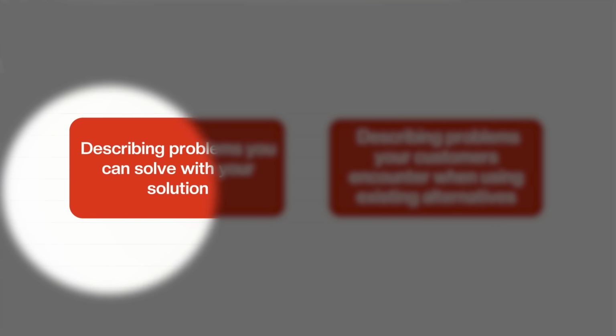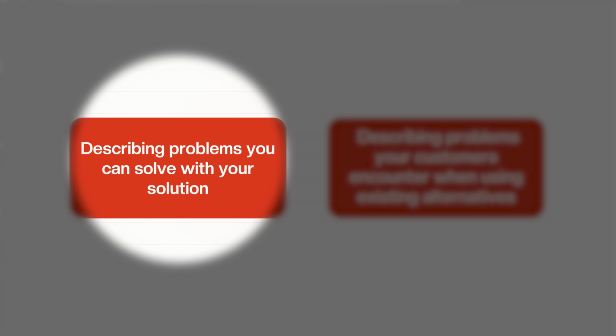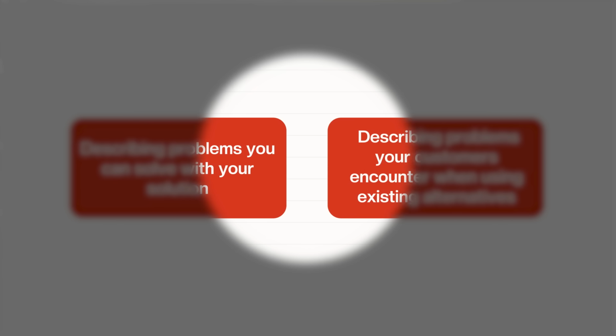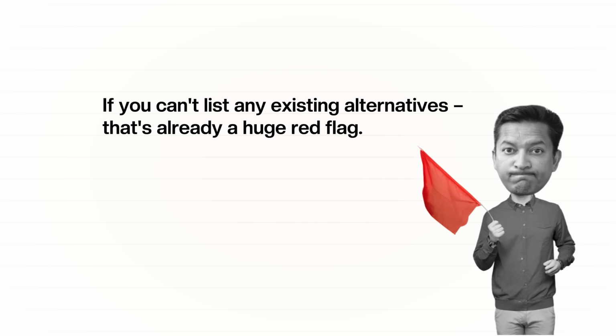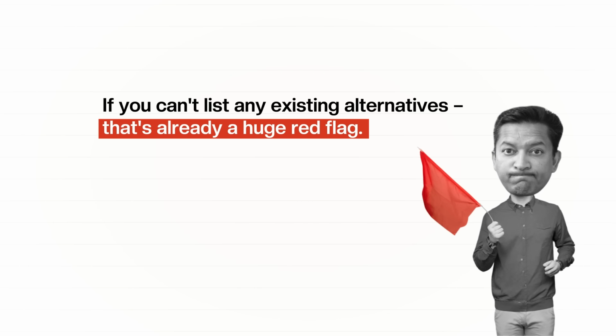In other words, don't focus on describing problems you can solve with your solution, rather focus on describing problems your customers are already encountering with their existing alternatives. And yes, no matter how disruptive your product, you should always be able to find existing alternatives your customers are currently using. If you can't list any such existing alternatives, that's already a huge red flag.